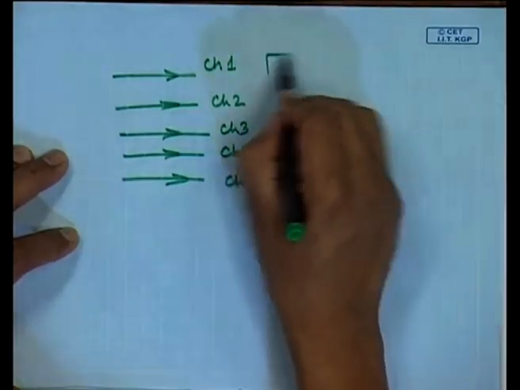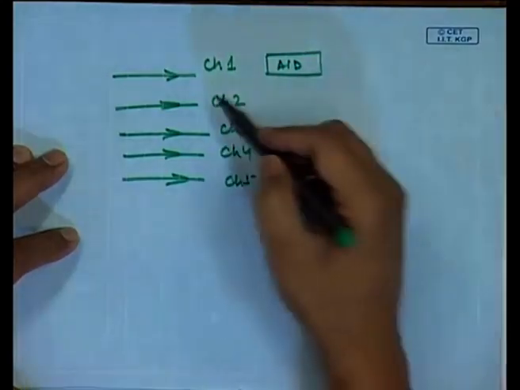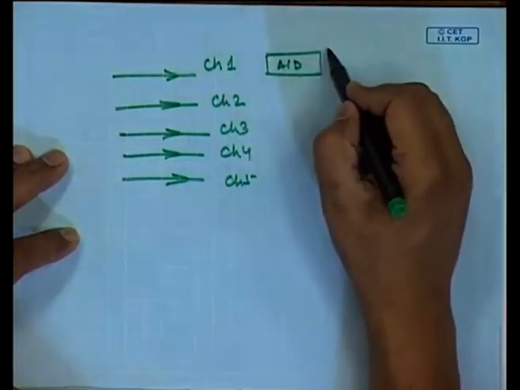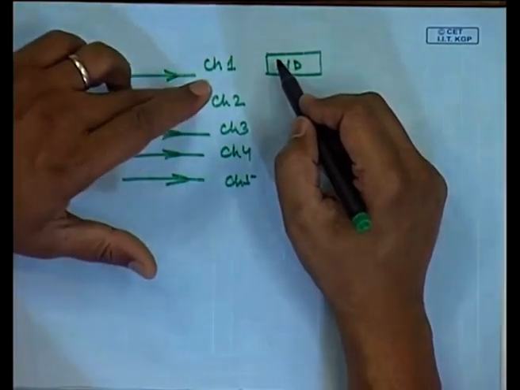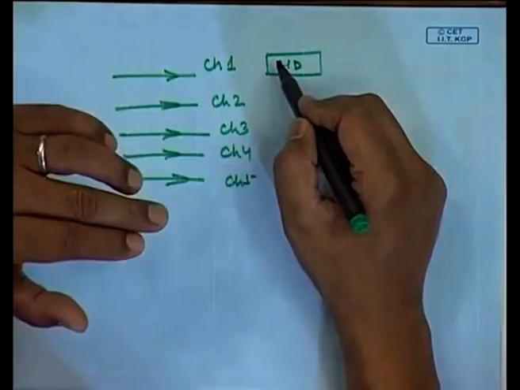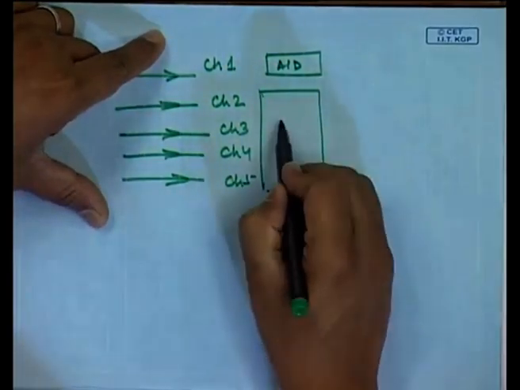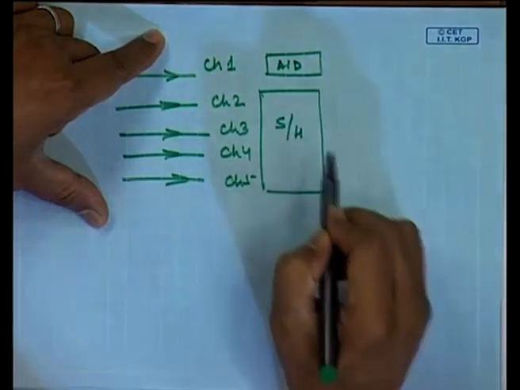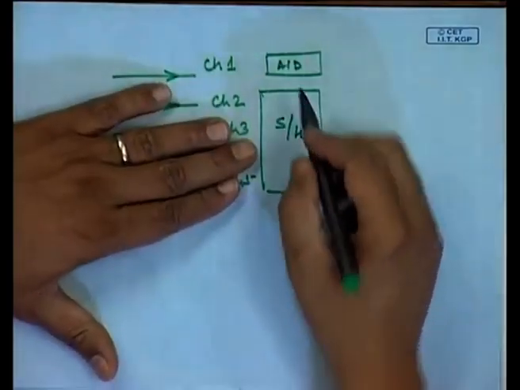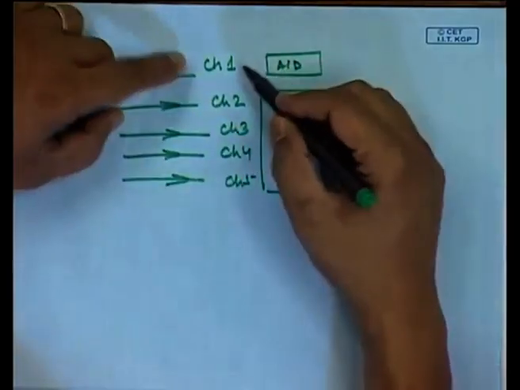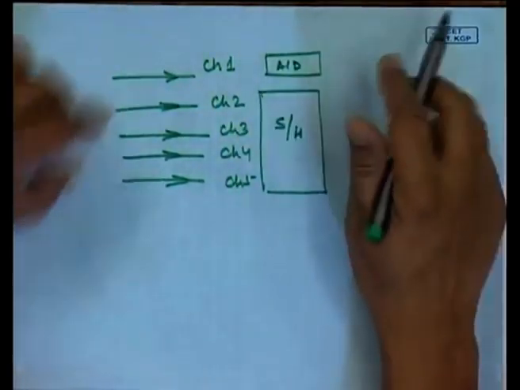So, because the A to D conversion takes certain time, when I am doing the conversion of A to D for channel 1, what is happening to the signals in channel 2, 3, 4 and 5? So, they are put in what is known as a sample and hold circuit. Okay. And then one by one, once channel 1 is done, it will go to channel 2, channel 3 and so on, sample by sample.